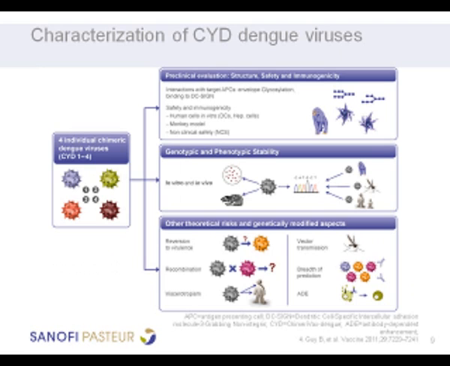So this has been an extensive work. It's important to remember that the characterization tests that are done are both specific for the general risks and challenges posed by dengue viruses and also the specific risks for the particular virus construct.